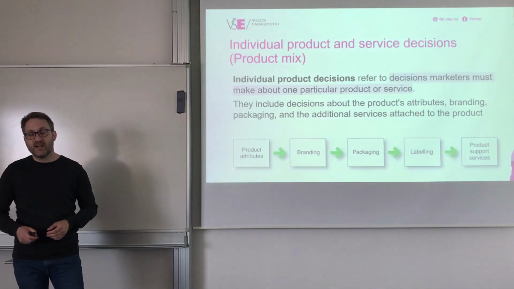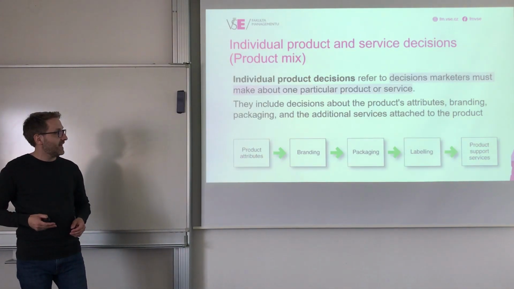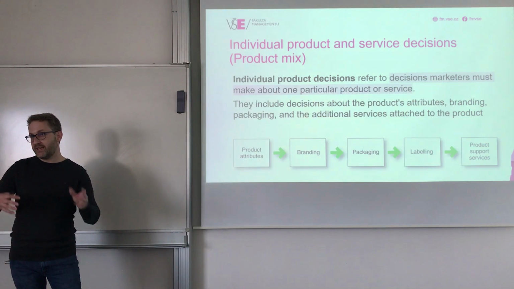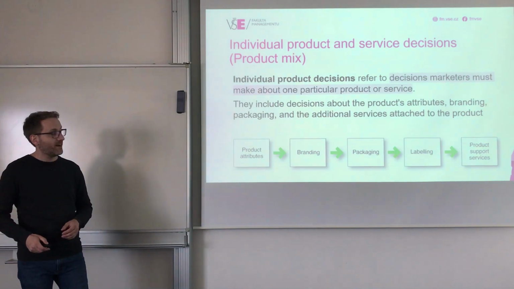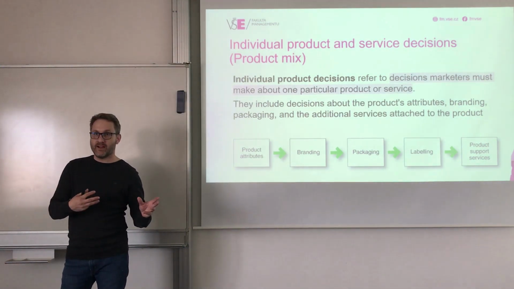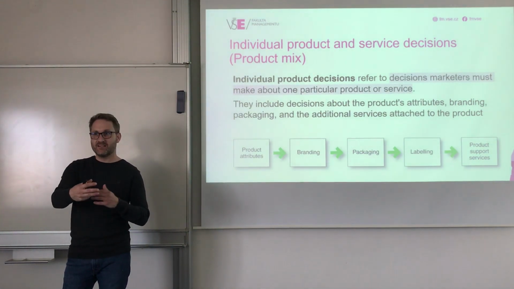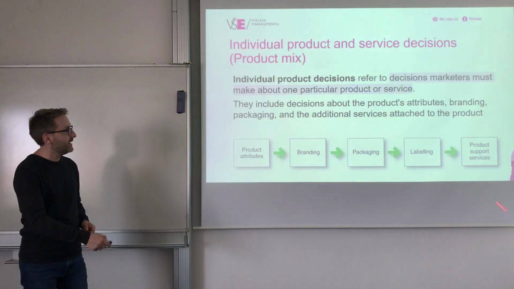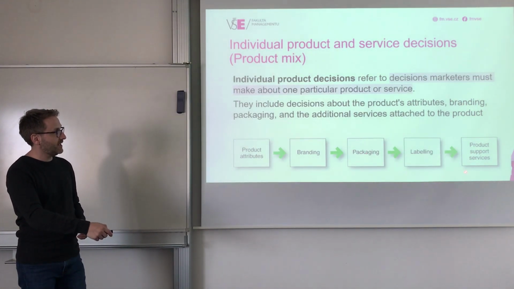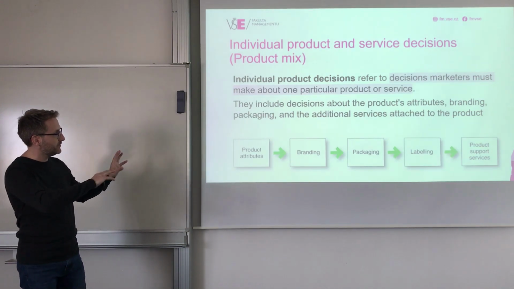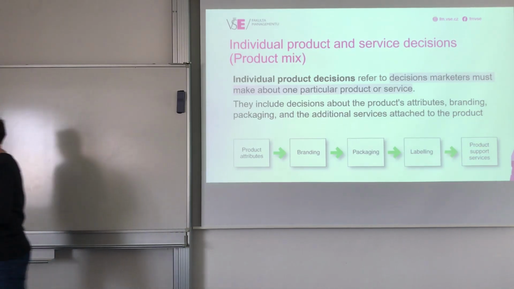As I have the Tiger, a colleague of mine has Semtex, and we can have lots of different brands. And if we work with the brands, like in the case of Prime, we can set the demand for the product. Okay. Then we have packaging, labeling, and product support services. So I'm going to go through those things.